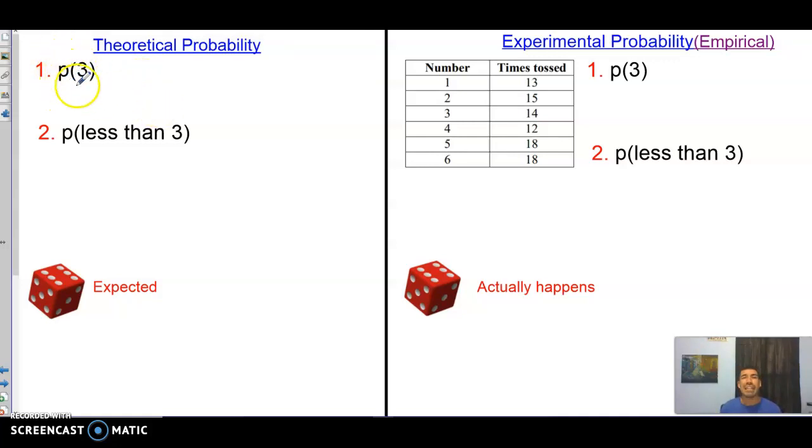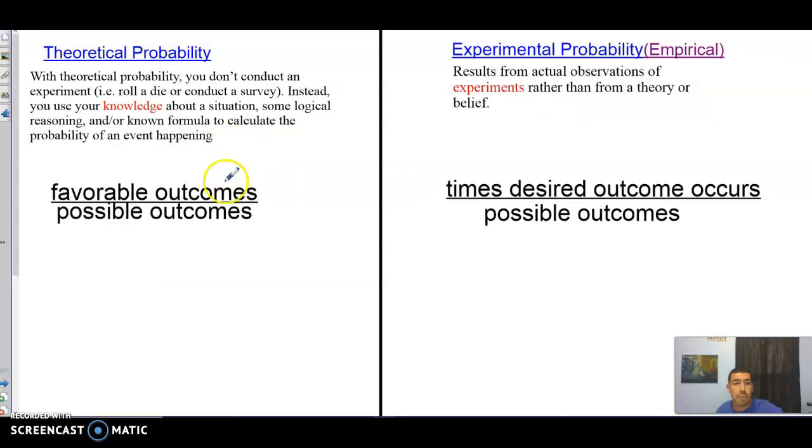What is the probability in theory of getting a 3 if you roll a die? Okay, so first of all, remember the formula from the previous screen. Favorable outcomes goes on the top, possible outcomes goes on the bottom. Favorable outcomes is what it is that you want to happen. Possible outcomes is the total.